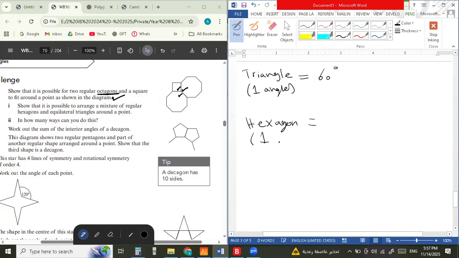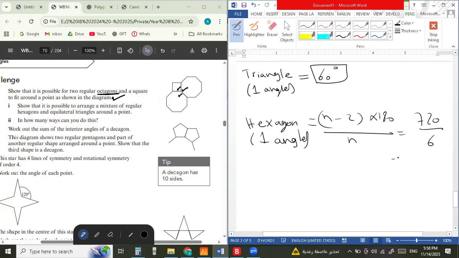One angle in a hexagon, we're going to follow the rule: n minus 2 times 180 divided by n, where n is 6. So 6 minus 2 is 4, 4 times 180 is exactly 720. 720 divided by 6 is exactly 120. 120 degrees is one angle of a hexagon.